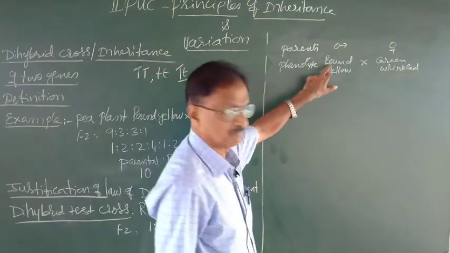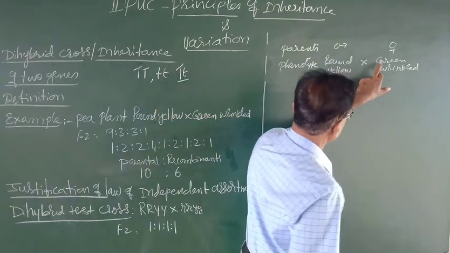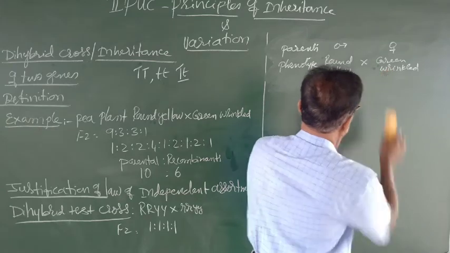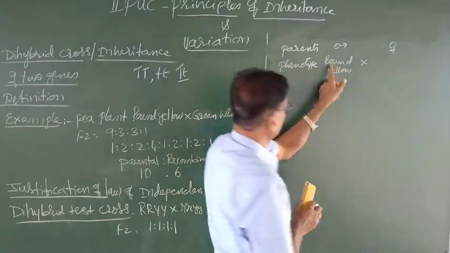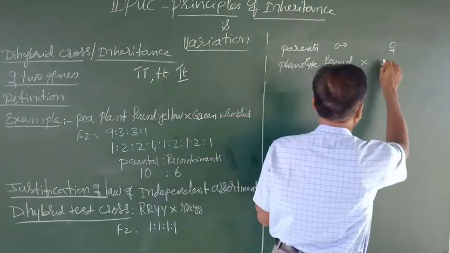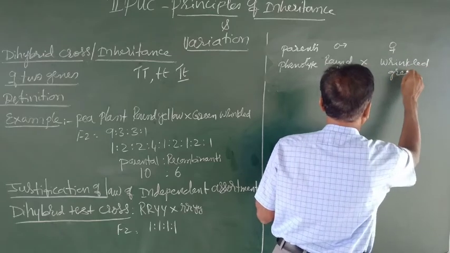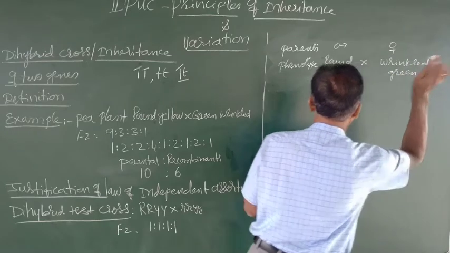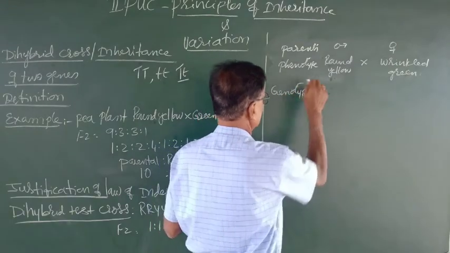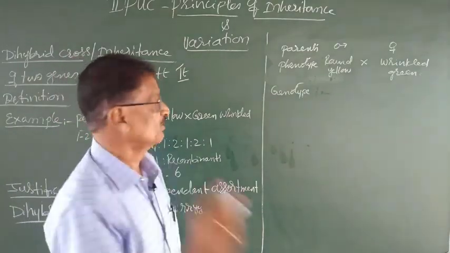Here this is the shape and this is the color. As we have taken the shape first and then the color, here also it should be written like this, wrinkled green. Now genotype means the genetic constituent or genetic makeup of an individual.